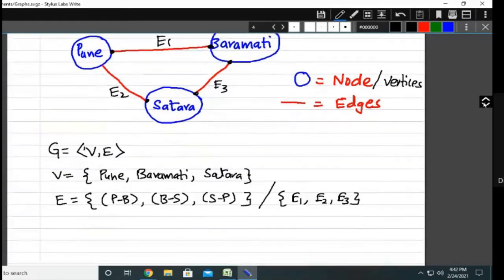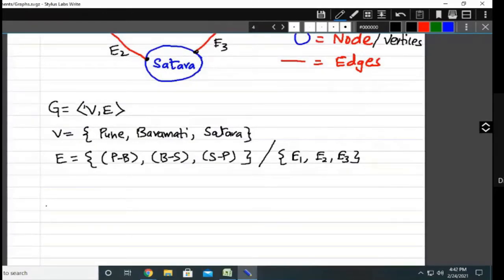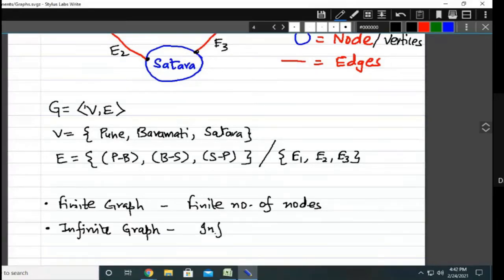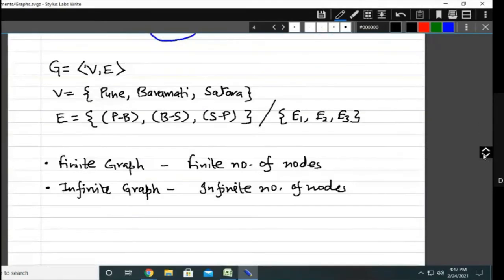If you have a finite number of edges, it is called a finite graph, which has a finite number of nodes or vertices. There is another, called an infinite graph, where the number of nodes is infinite. You have an infinite number of nodes.